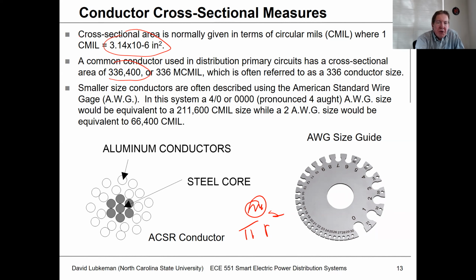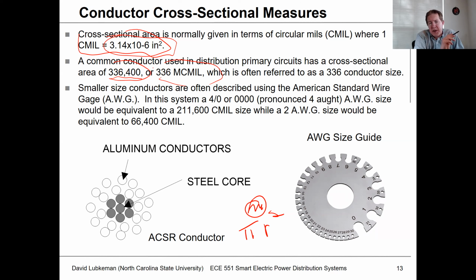Again, one circular mil corresponds to this pi r squared value, with a 1/1000th of an inch radius. Instead of using this big number all the time, we talk about thousands of circular mils. So instead of saying 336,400, we would simply call this a 336 MCM. M stands for 1,000 in this case. Or we just say this is a 336.